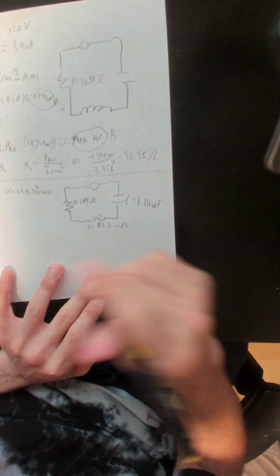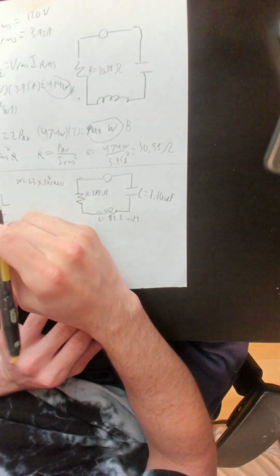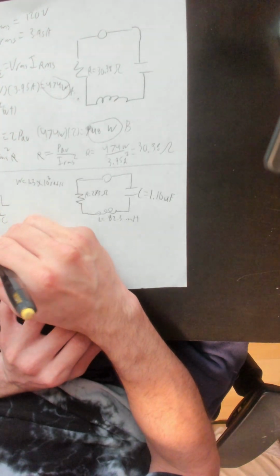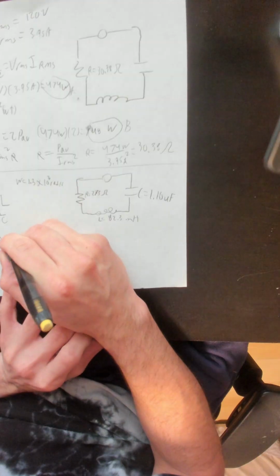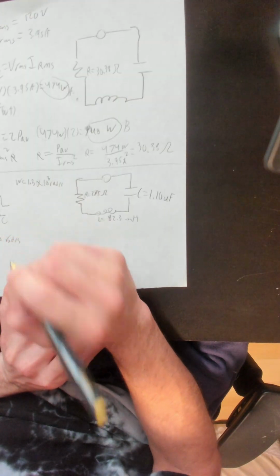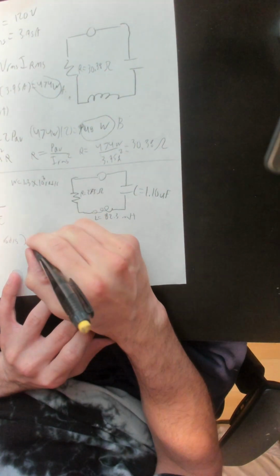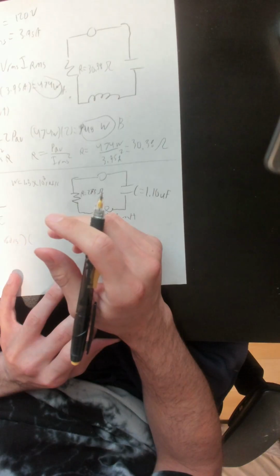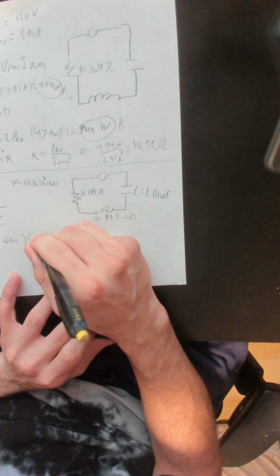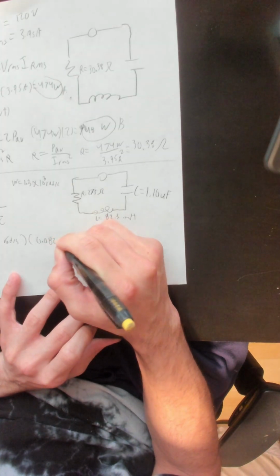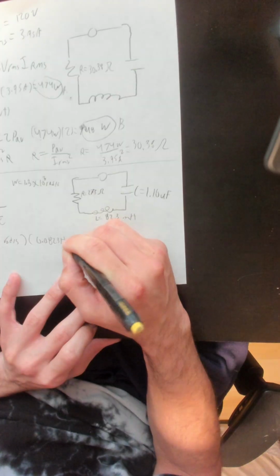We simply put everything in. So for our inductive reactance, we have 1300 radians a second, and also 0.0823 henries.